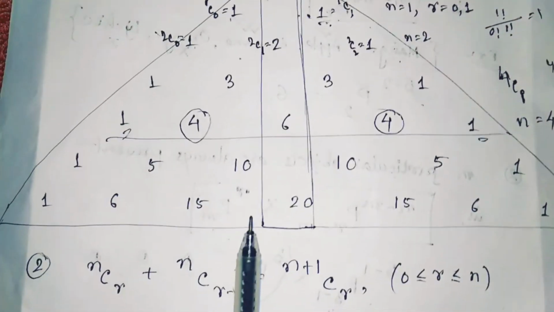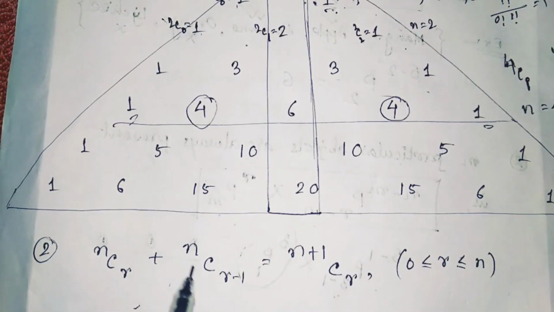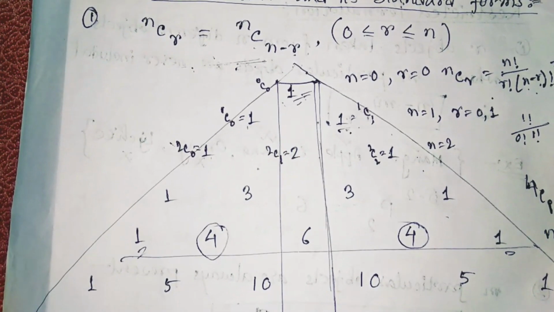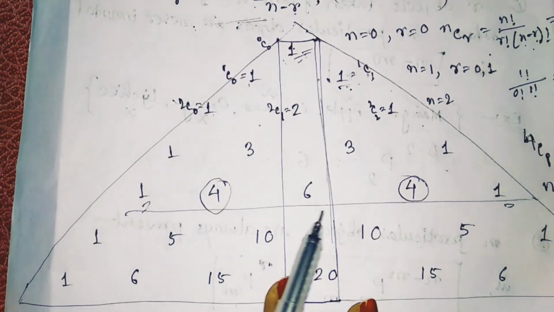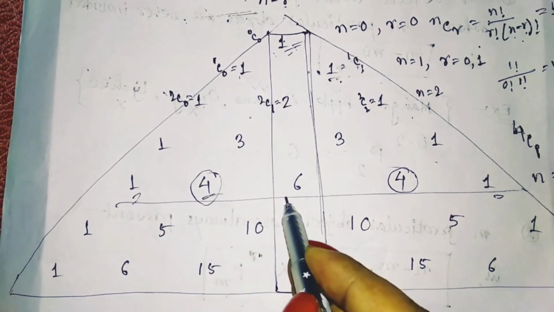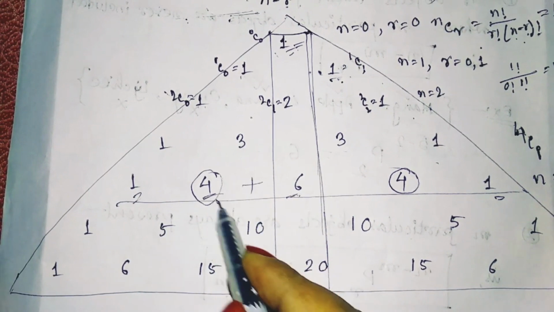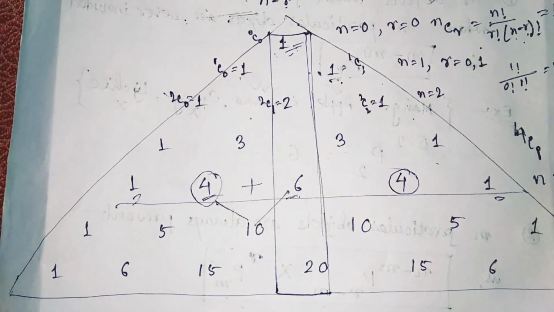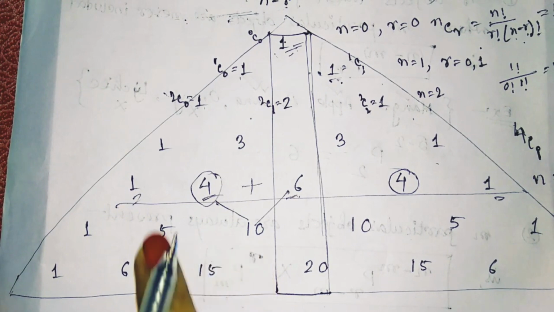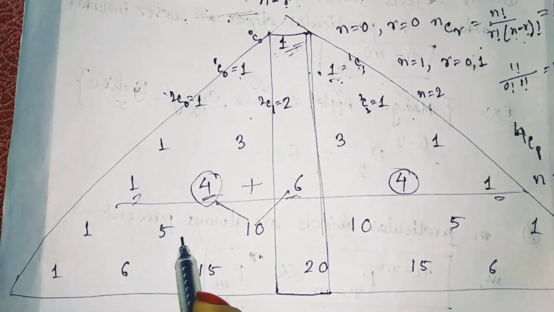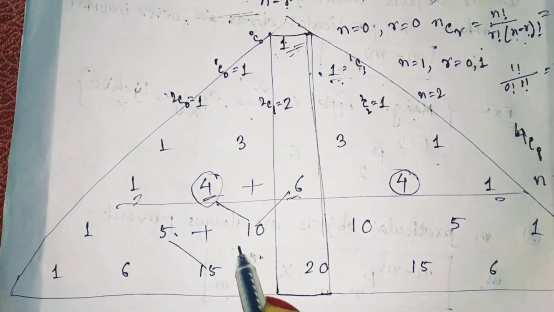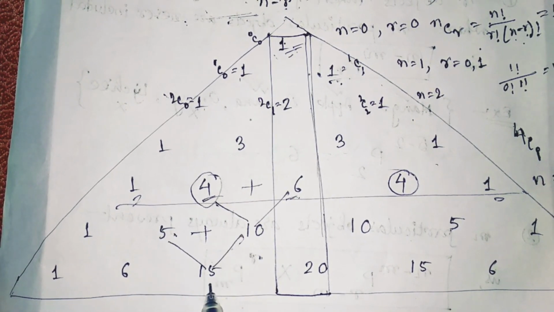The next property is nCr plus nC(r minus 1) is equal to (n plus 1)Cr. So again come to this triangle, and here you can choose any two consecutive values in the same line. Suppose we choose this one and this one. After choosing these two, you just add them, and you will find the corresponding element in the next line. You may choose any two here. Suppose this one and this one are chosen, and you will find the summation in the next line.